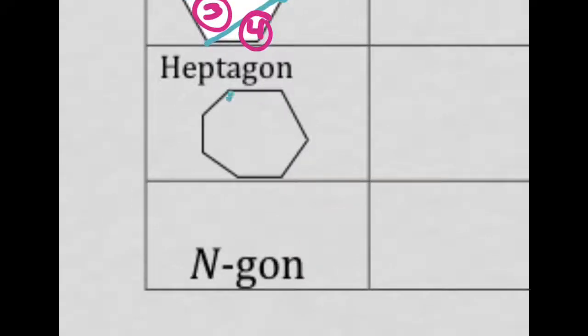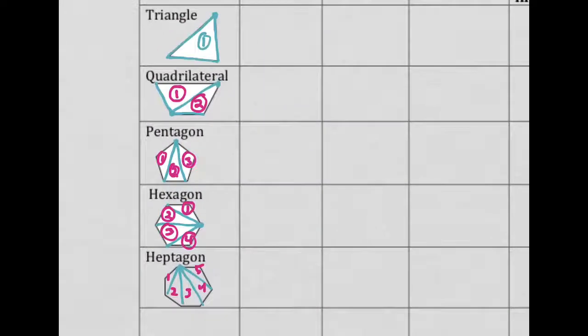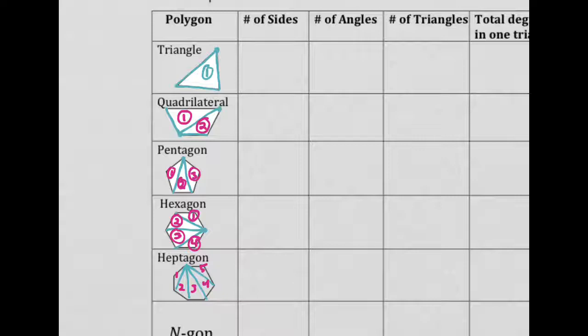Heptagon. Boom, boom, boom, boom. And 1, 2, 3, 4, 5 triangles. Alright, well, we've got all our triangles right here and all our polygons.